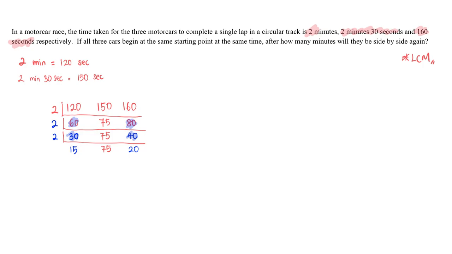I'm going to use a different color now. I realize that 15 and 75 can be divided by 3. So for the next step, I will divide by 3. 15 divided by 3 is 5. 75 divided by 3 will be 25. The 20 still continues.